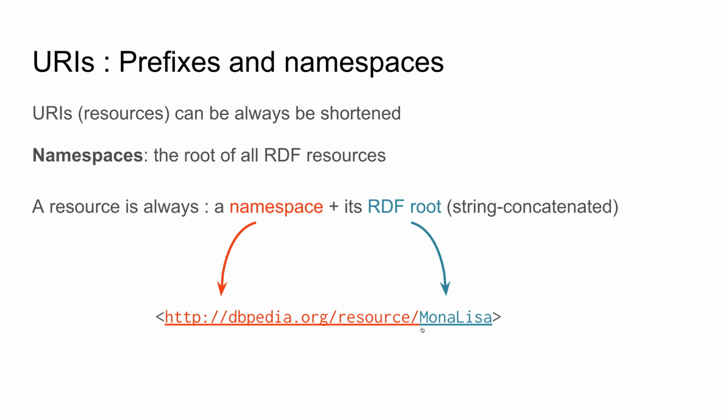You could replace the root with another string, with another term, and you would probably access a different resource. You could try yourself, for example, to replace Mona Lisa with Leonardo da Vinci or Amsterdam, or a football team of your choice.